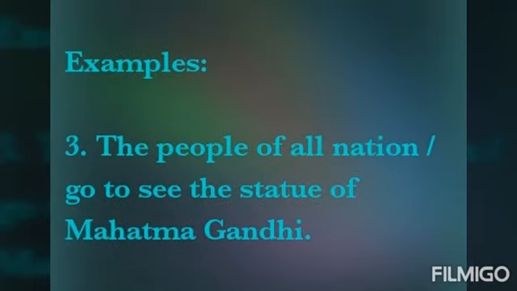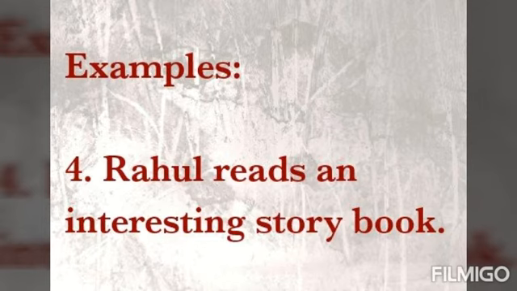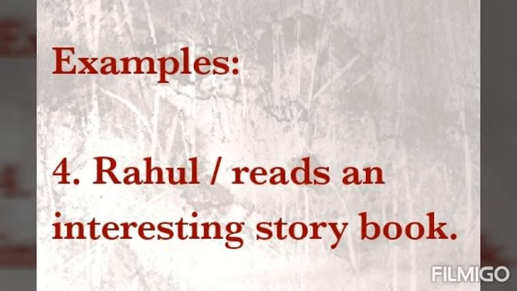Here, go is the verb and go to see the statue of Mahatma Gandhi is the predicate. See the next one. Rahul reads an interesting story book. Here, whom is the sentence about? It is about Rahul. So, Rahul is the subject and reads an interesting story book is the predicate.